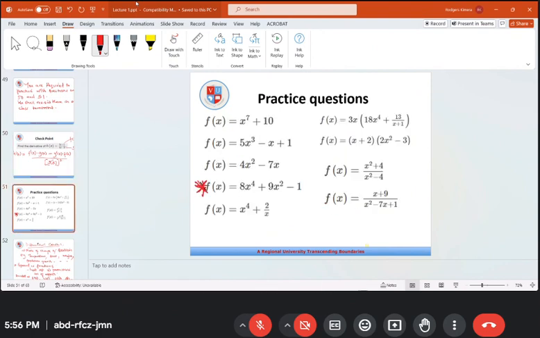What was your number 1? Are you seeing my screen? My number 1 was f of x equals x to the power 7 plus 10. What was your answer? 3x minus 7 out of 4.